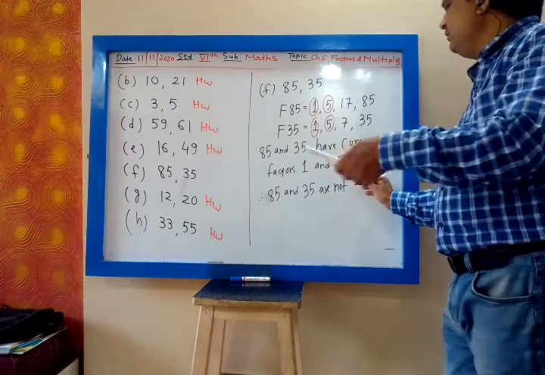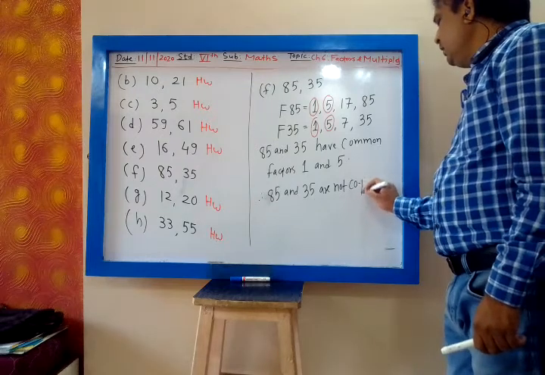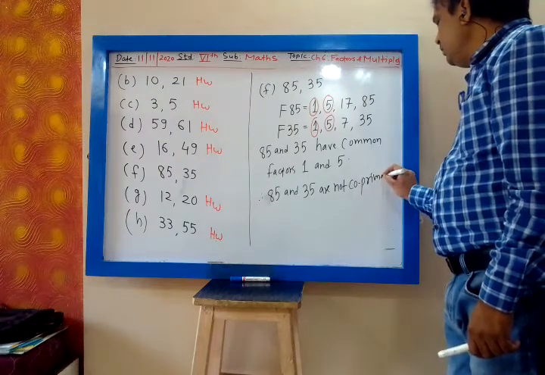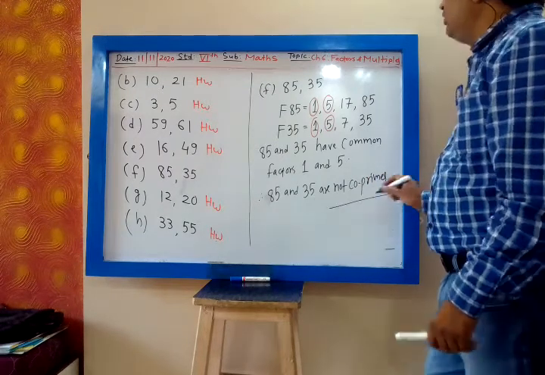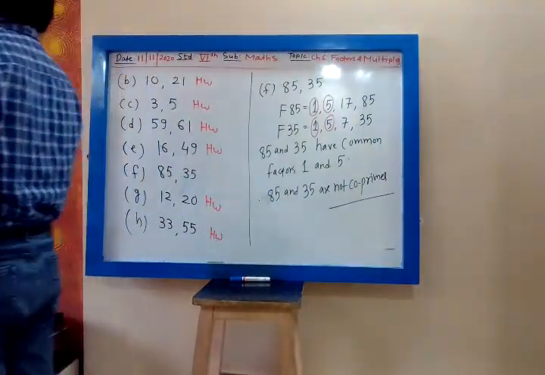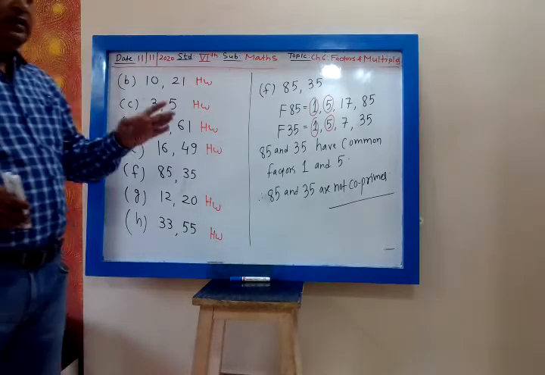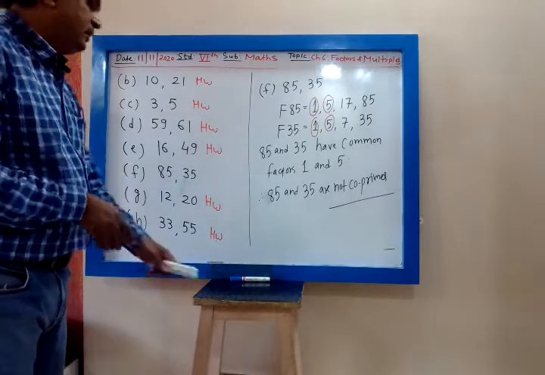Yes, because they have one more common factor, 5. The given two numbers are co-primes if they have 1 as the only common factor. Here 1 is there, and 5 is also there, so they are not co-primes. If the only common factor is 1, then they are co-primes.